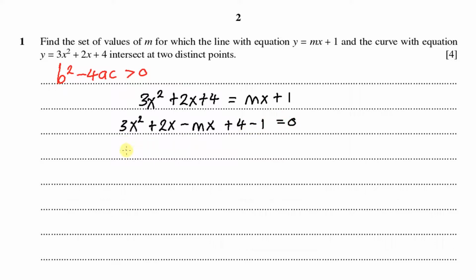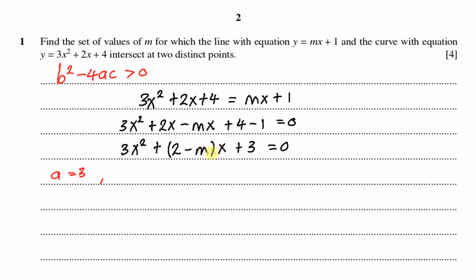I'll just simplify, so that's 3x squared plus, here x is common, so I'll factor it out. So I'll have 2 minus m inside the bracket, and that's plus 4 minus 1 is 3, and that's all equal to 0. Now for the discriminant, a is the coefficient of x squared, so a is 3.